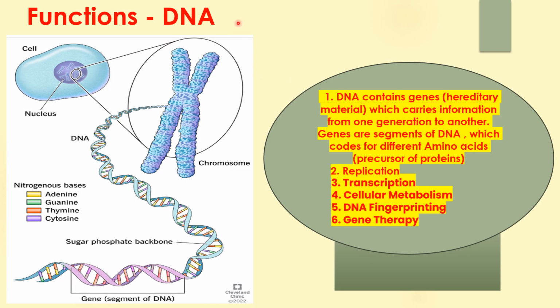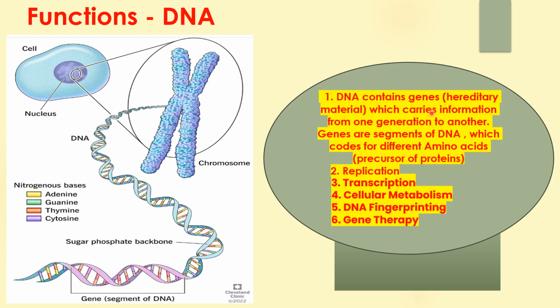Now coming on to functions of DNA. You see a cell, you see chromosomes. From chromosomes, the DNA is being pulled out. This DNA is actually coiled around histones. This is all for your remembrance.